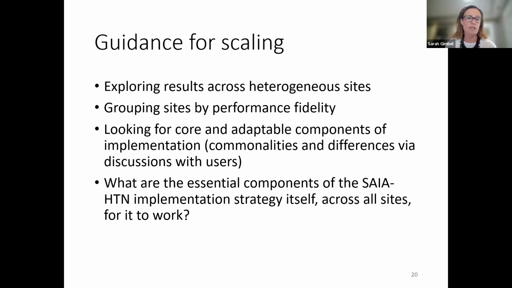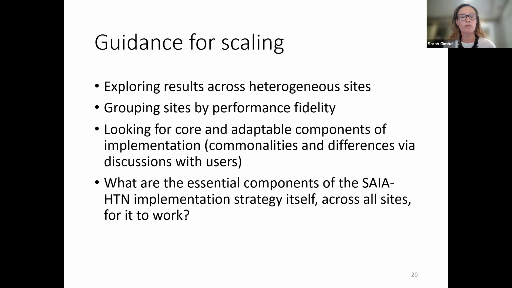So for our guidance for scaling, we're exploring results. What we take from doing CFIR work, we can use to adapt and understand our current findings, but we can also use it to understand where we'll be going. So we can explore results across heterogeneous sites and look at grouping sites by performance fidelity to understand why certain sites respond in some ways and certain sites respond in another way.